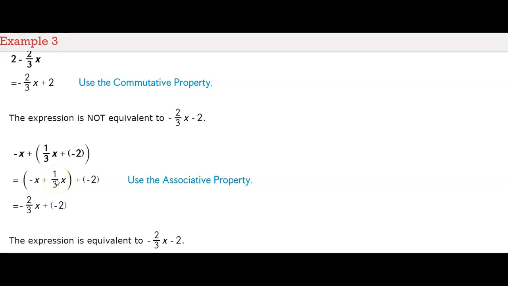And then if you were to simplify that expression, let me write it, the negative x and adding the 1/3 x, that's essentially negative 1, because you know that if you have a variable with no number written there, there's an invisible 1 in front of it.